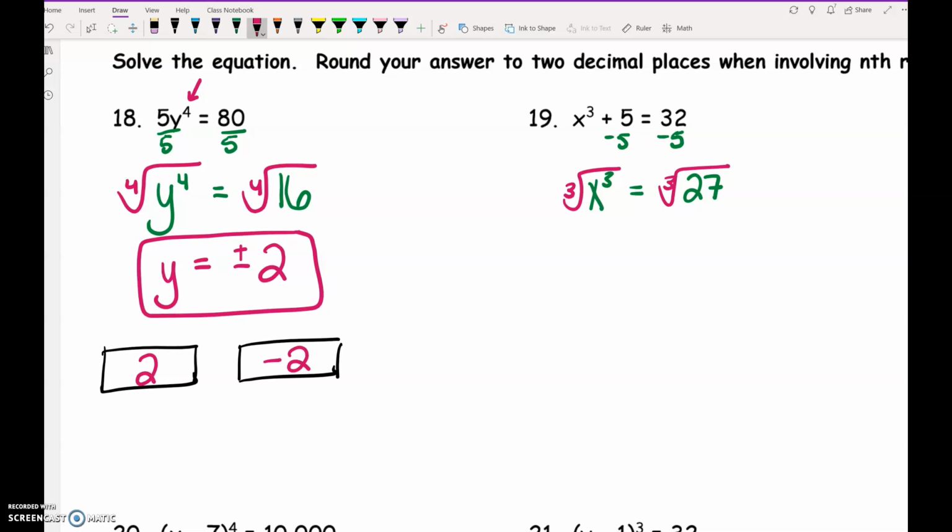The third root of x to the third is simply x. Check your perfects chart. Thirds column, 27. The third root of 27 is 3. Do we need a plus minus? No, because it is an odd index, and odd index does not have that plus minus root.